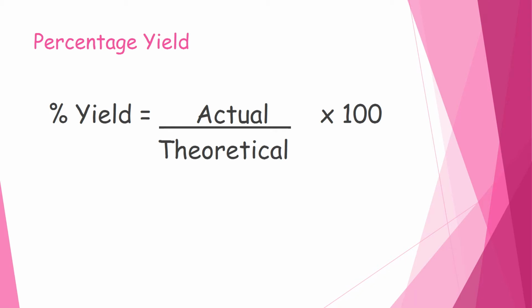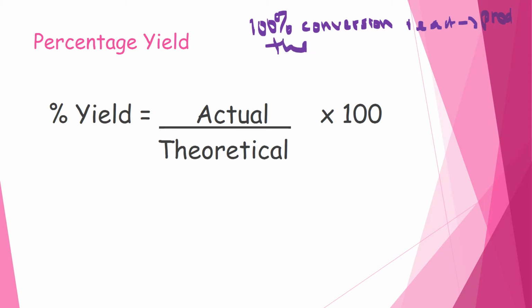Now, the story so far in our stoichiometry is that we've always assumed that you will get 100% conversion of reactants to products. This is what we call a theoretical yield.